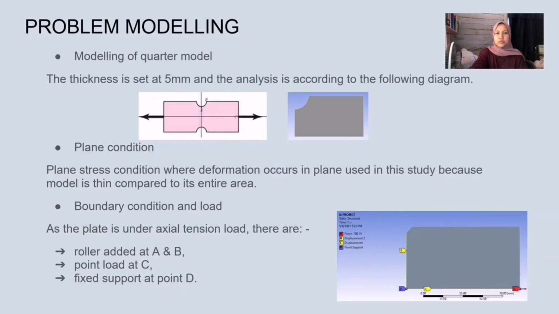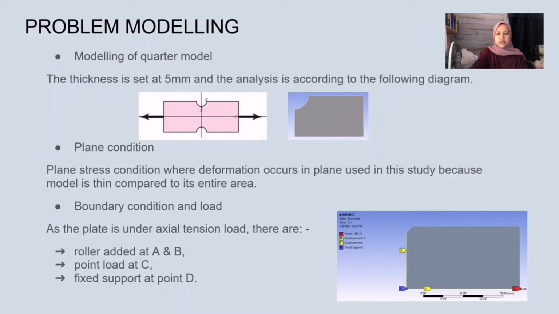We move with the modeling of a quarter model. The thickness given for the thin plate is 5 mm, and the analysis is done according to the diagram shown. The plane condition is plane stress, where deformation occurs in the plate, used in the study because the model is thin compared to its entire area.